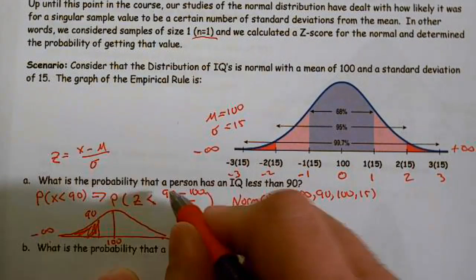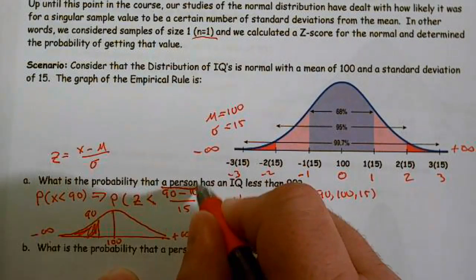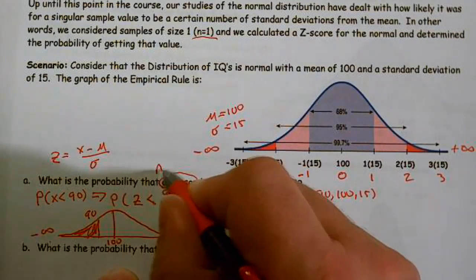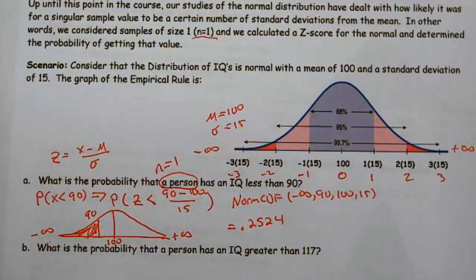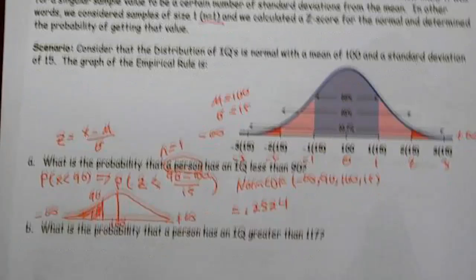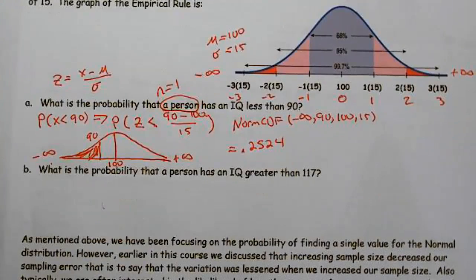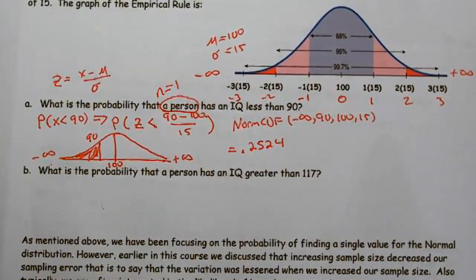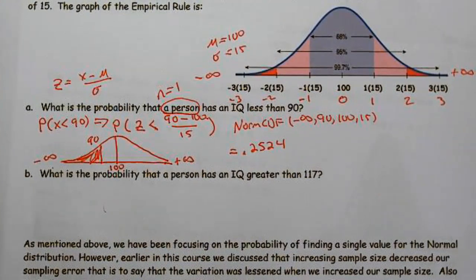Now, please note that we were working with a person. That means my sample size was just a sample of 1, because a person is just an individual. And then we go on and ask, what is the probability that a person has an IQ greater than 117?